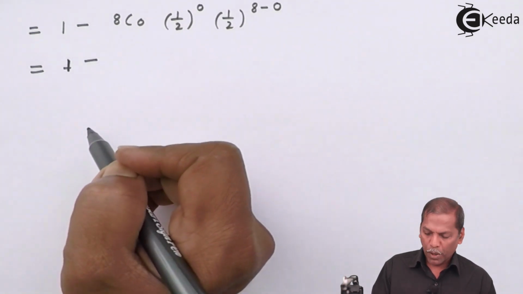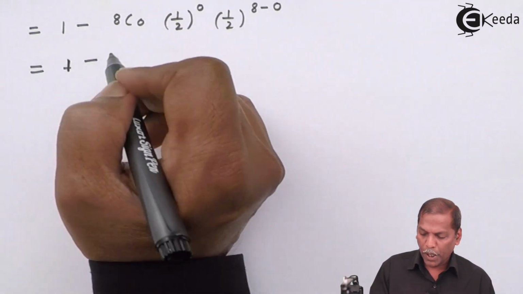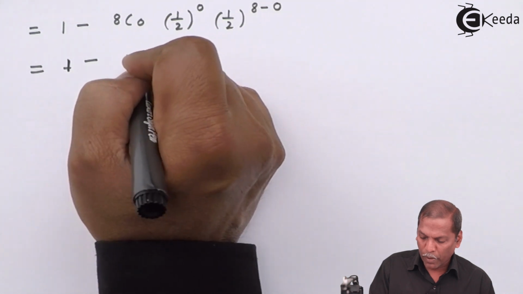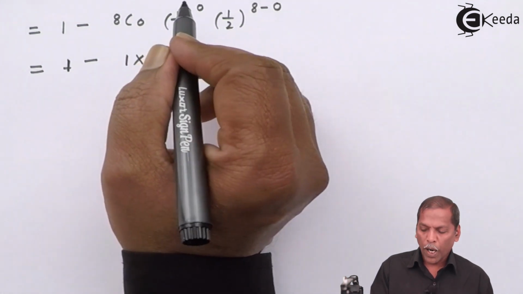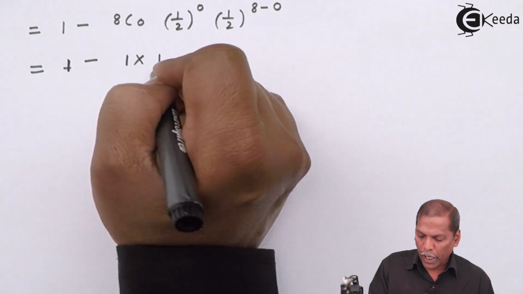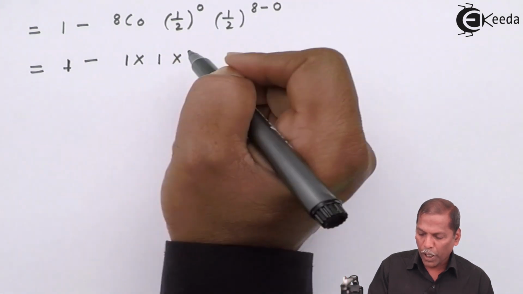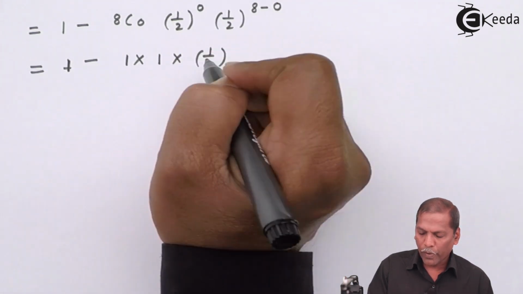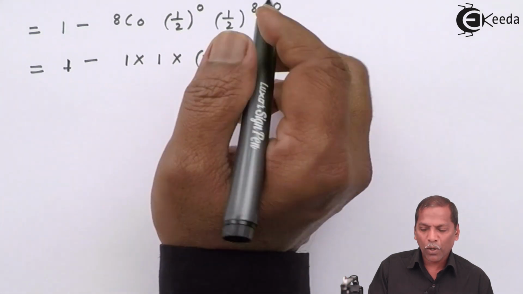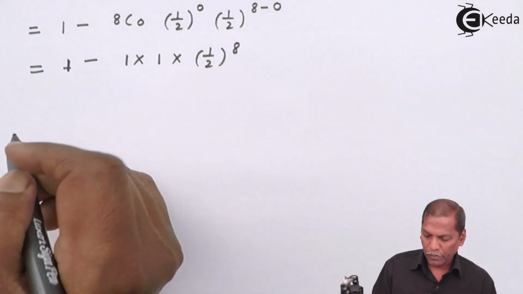So 1 minus, now 8C0 gives 1, into (1/2)^0 that also gives 1, into (1/2)^(8-0), it means 8.